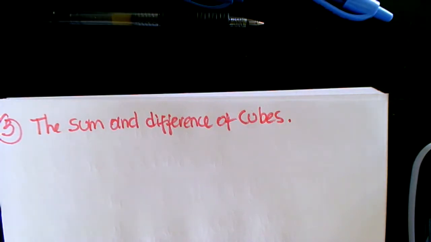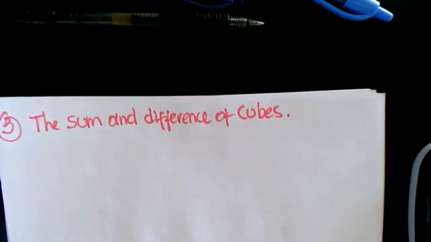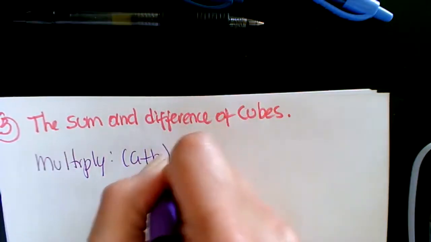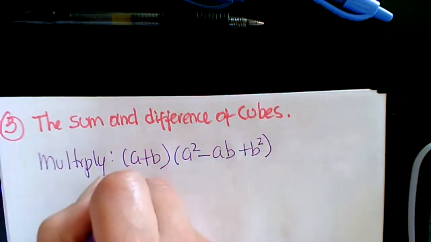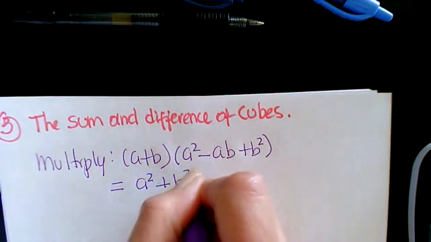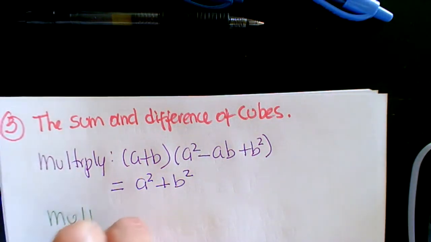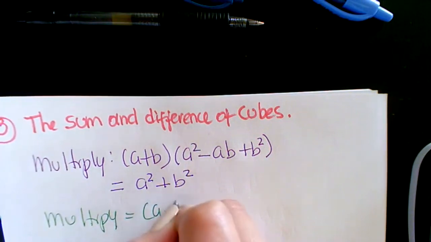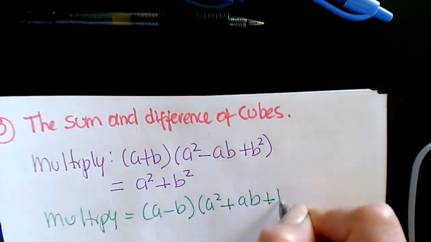Okay, so let's do it. If I have a plus b multiplied by a squared minus ab plus b squared, and the other one will be a minus b multiplied by a squared plus ab plus b squared.